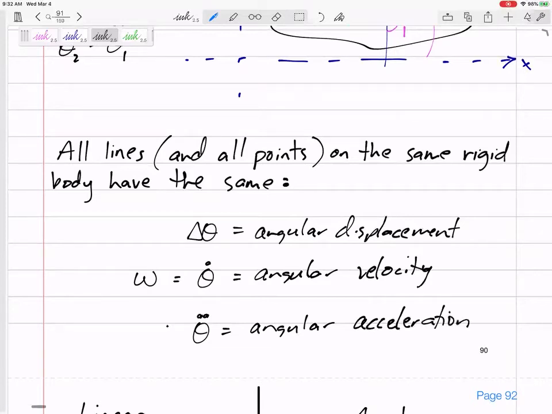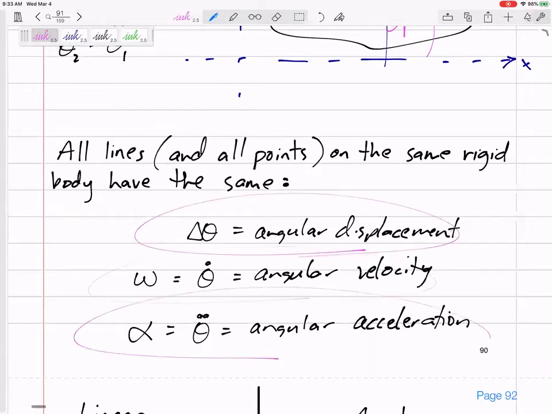Angular acceleration. And we're going to call that alpha. Okay, so now let me clarify, because I'm not saying that this is equal to this is equal to this. There are three different values. But the rigid body has one angular displacement.